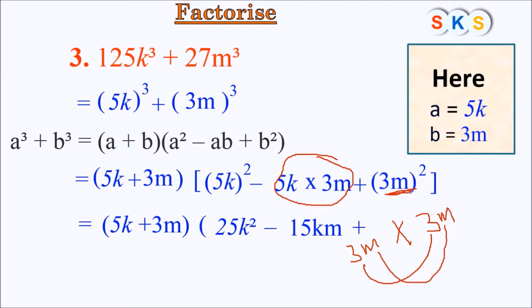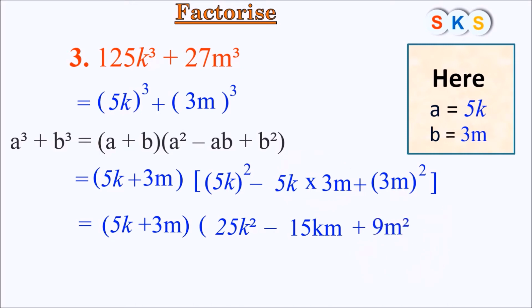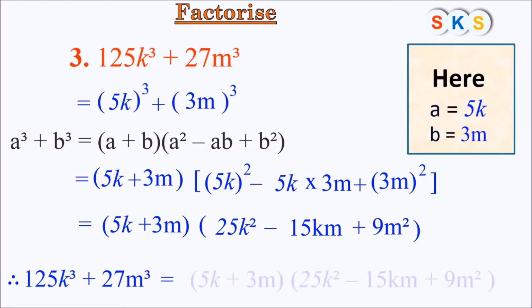So we will get 9m square, close the bracket. Now it cannot be simplified further, therefore 125k raised to 3 plus 27m raised to 3 is equals to 5k plus 3m into 25k square minus 15km plus 9m square.